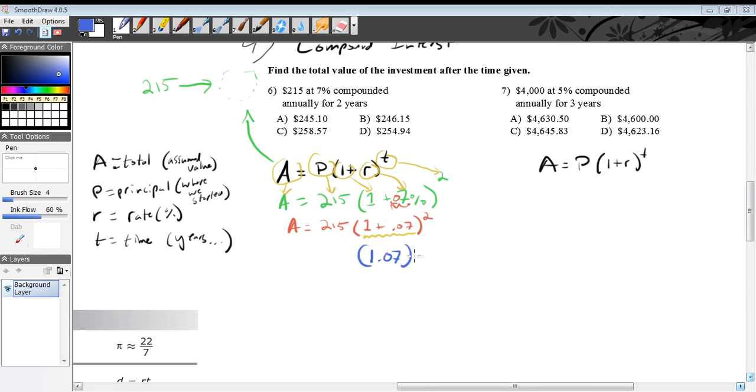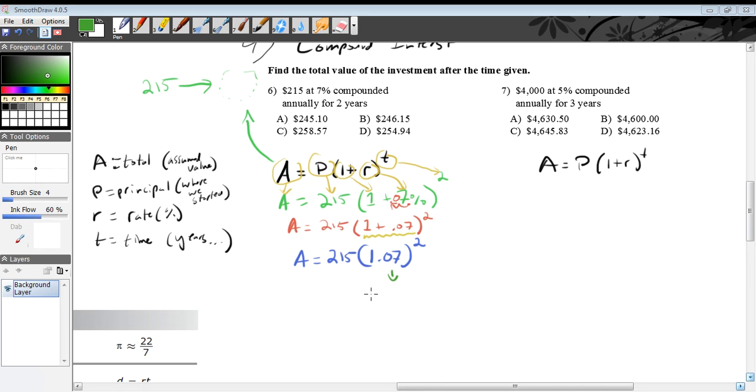We're just going to do this one step at a time. Okay, now my next step here is going to be doing the exponents before the multiplication. So we've got 1.07 to the second power.